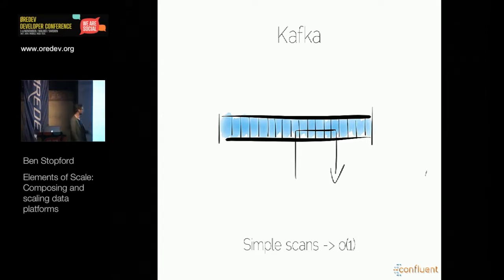You have an offset, you jump to a particular offset in the file, you scan for a while to get some messages, you go away, you keep your offset, you come back again. It's a little bit more complicated than that, depending on which API you use, but effectively it's the same thing. So it's really about doing something very, very simple, but very much leveraging sequential I/O. It's one of the ways that Kafka manages to scale.